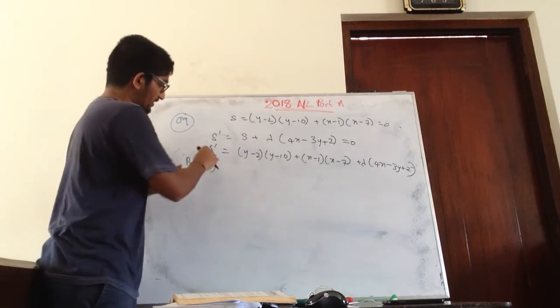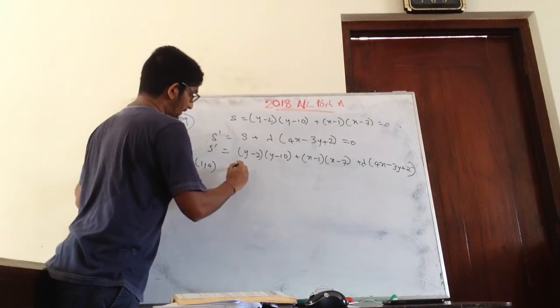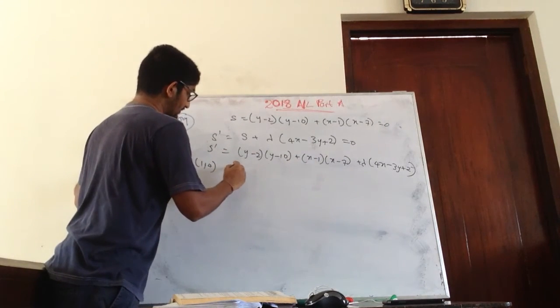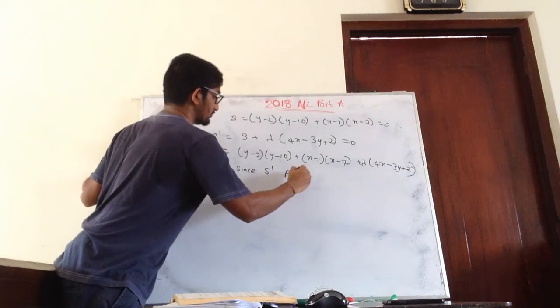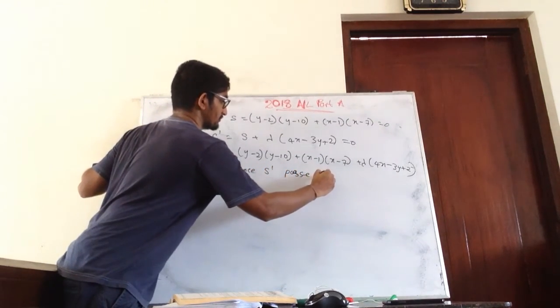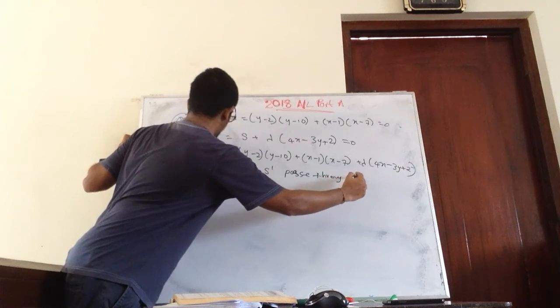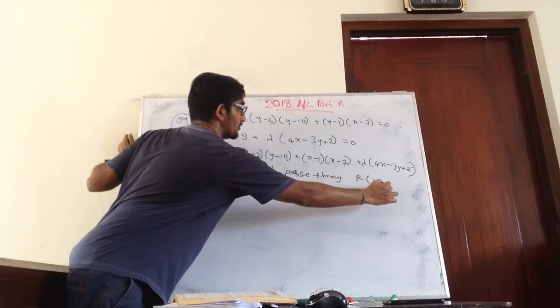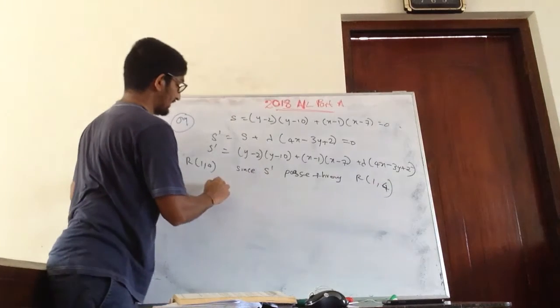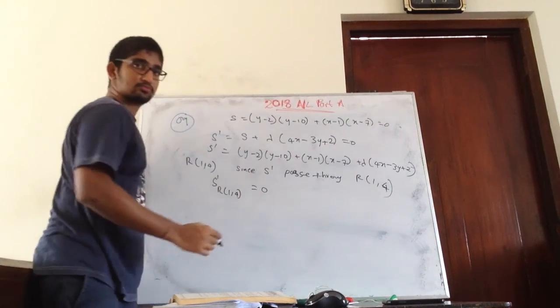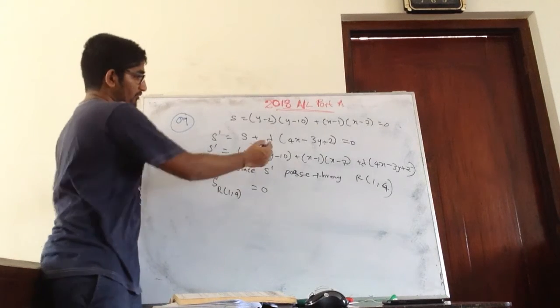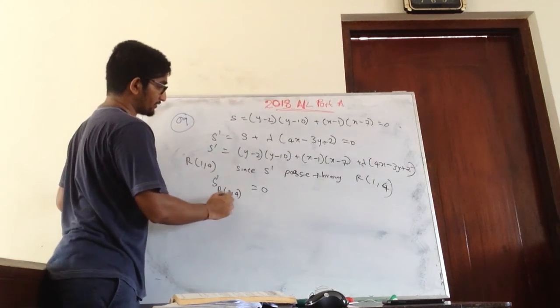So it passes through S dash. Since S dash passes through R(1, 4), S dash at R(1, 4) is 0. Correct? So then I just need to substitute and see.